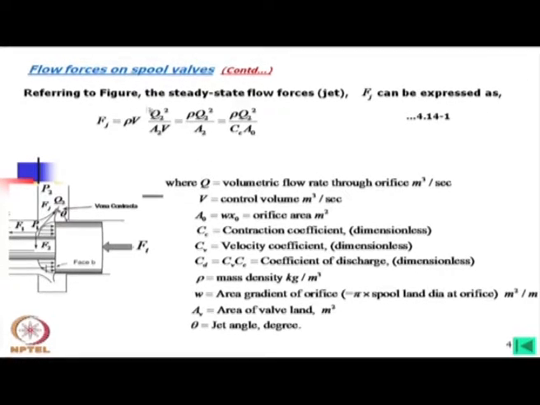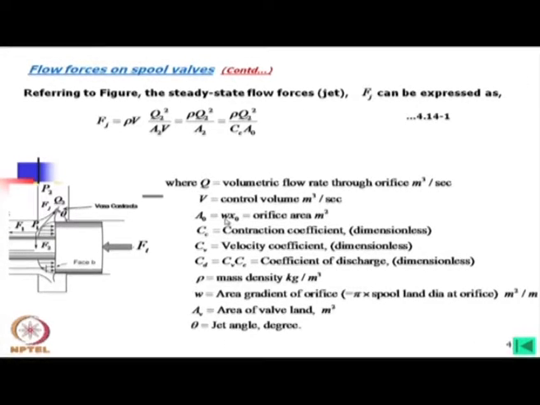V is the control volume, not the velocity. It is also expressed in meter cube per second, that means the volume flowing through this control volume. A 0 is the orifice area.